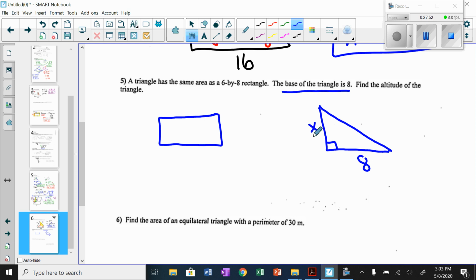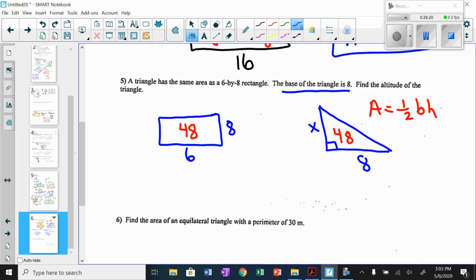Now they're saying the area of this triangle is the same as the area of the rectangle. Well, the area of the rectangle is base times height, which is 48, which means the area of the triangle is also 48. So now I know area is equal to half the base times the height.